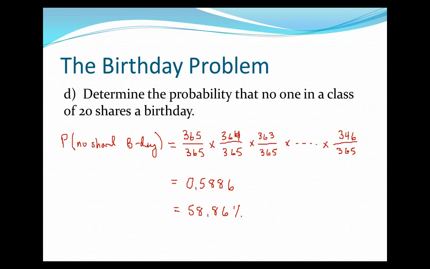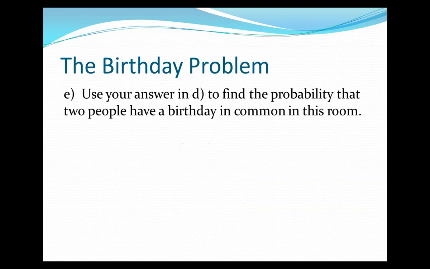So for part E, using our answer in D, the probability that 2 people share a birthday, using our formula for events that are complements from a few days ago, would be equal to 1 minus the probability of having no shared birthday, which we just calculated.